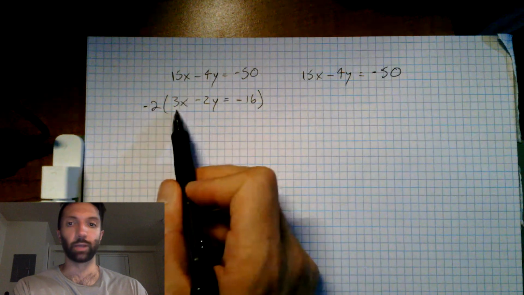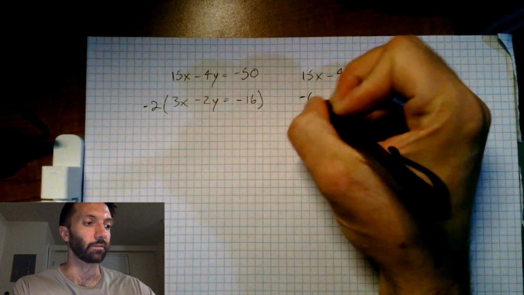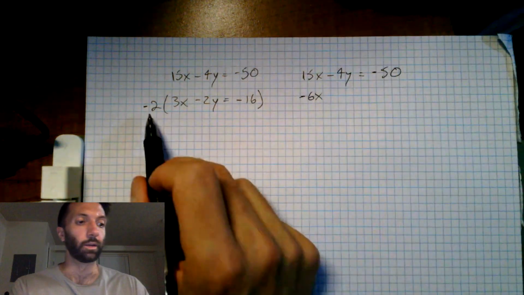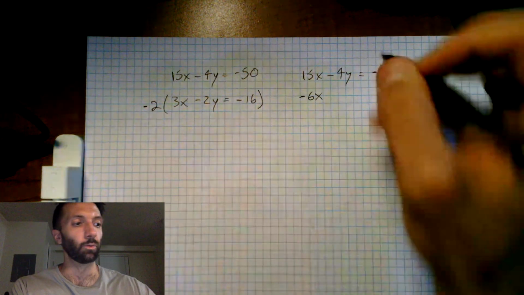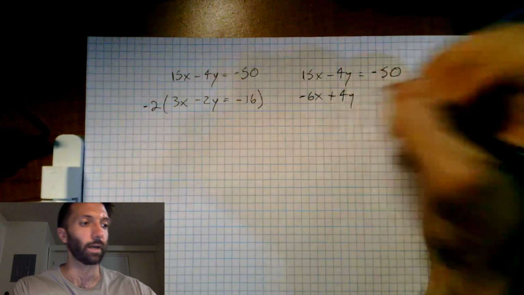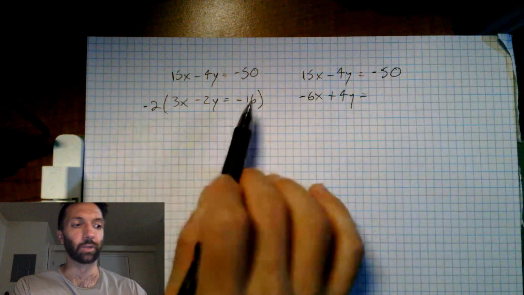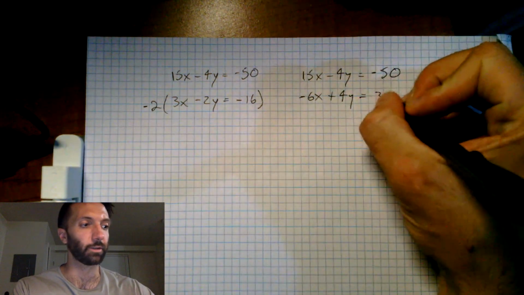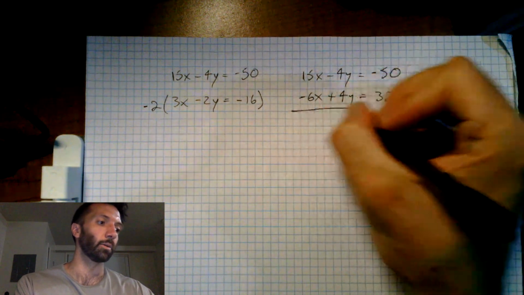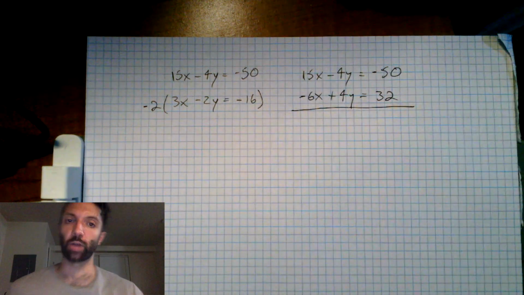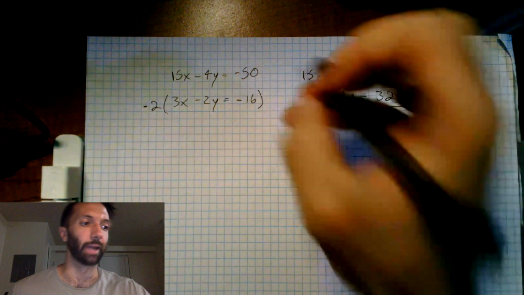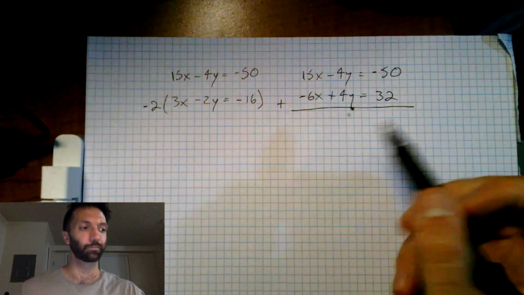So negative 2 times 3x is negative 6x. Negative 2 times negative 2y is a positive 4y. And then negative 2 times negative 16 is positive 32. So now, instead of having to subtract a bunch of negatives, I'm going to go ahead and add these equations together.